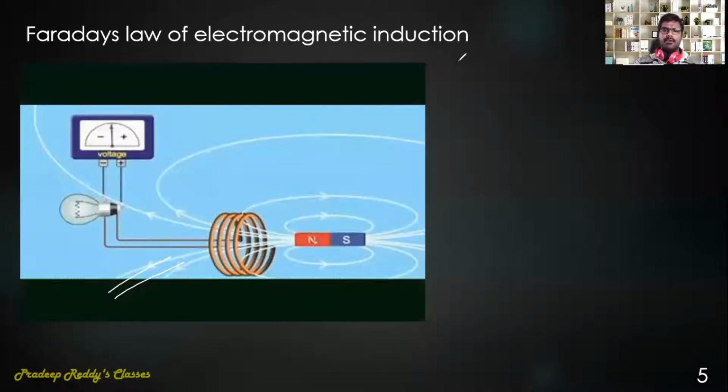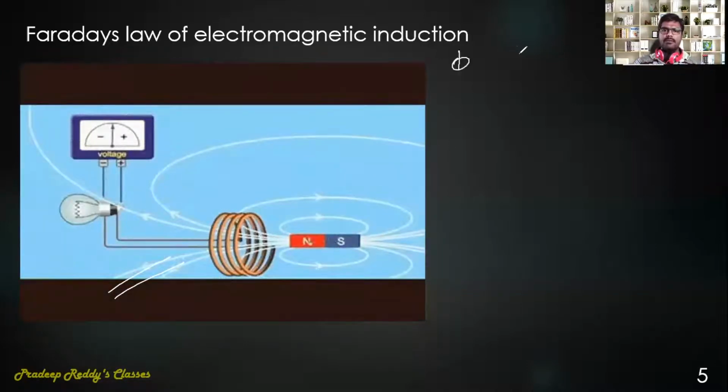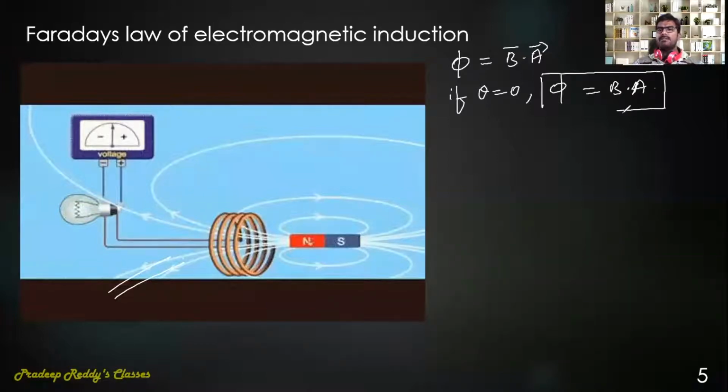See, we know that phi is equal to B dot A. If theta is equal to 0, you can write phi is equal to BA, right? If the magnetic field is changed, what would happen?